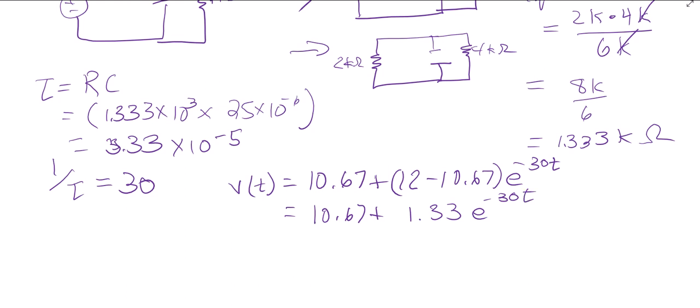And then we want the current, and it looks like I just decided to skip a step for fun. Oh, no, I didn't. Okay, so V equals IR. So we have a circuit right here.